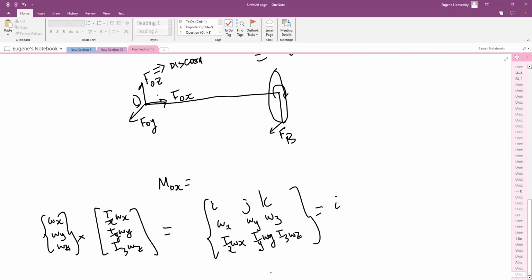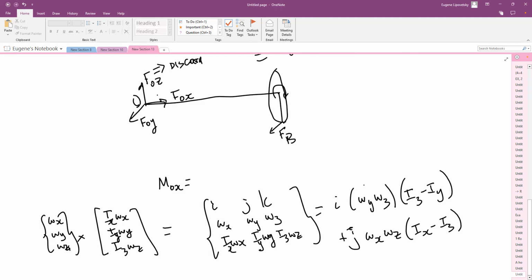We do this, we'll have the I times omega y, omega z times iz minus iy plus j, and that's going to be the omega x, omega z times ix minus iz, and plus k is going to be omega x, omega y times iy minus ix.